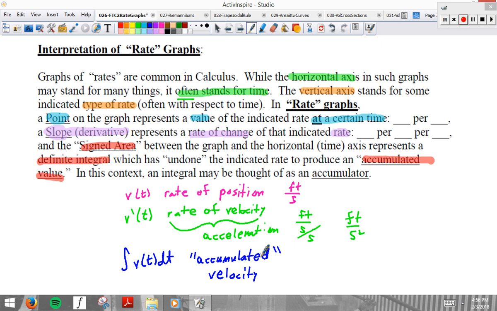That's a nonsensical answer. Please do not write that. So what we really mean by the accumulated velocity, if you've been memorizing everything throughout the homeworks, that would be a displacement integral. A displacement. A change in position.